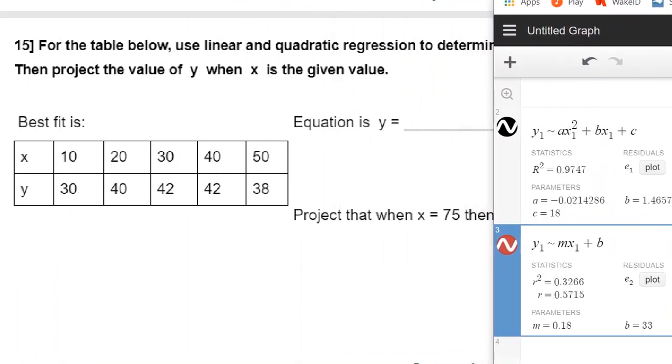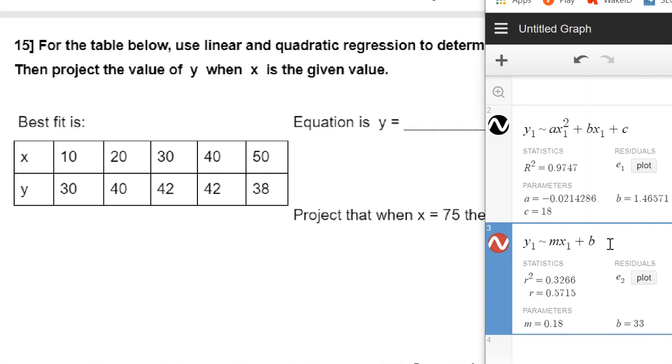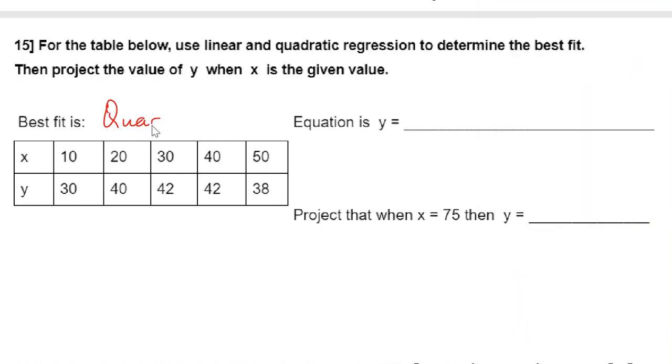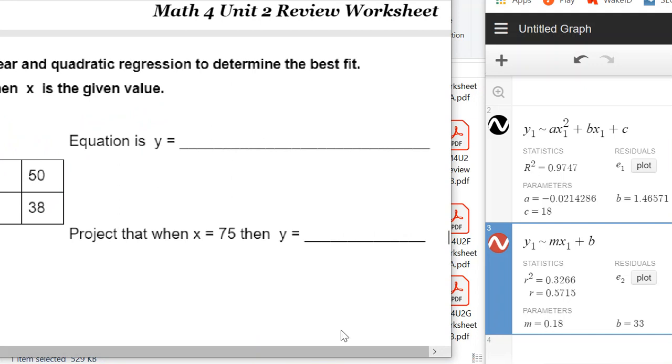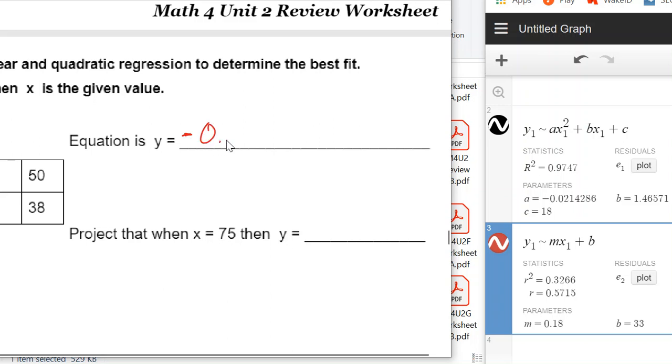All right, I've got to have the equation. The best fit we're going to write is the quadratic. And the equation is going to be, looking over here at the quadratic on Desmos, negative 0.02 x squared.